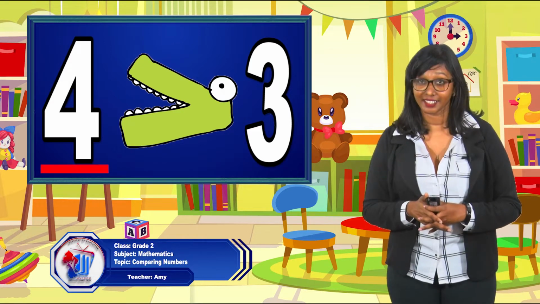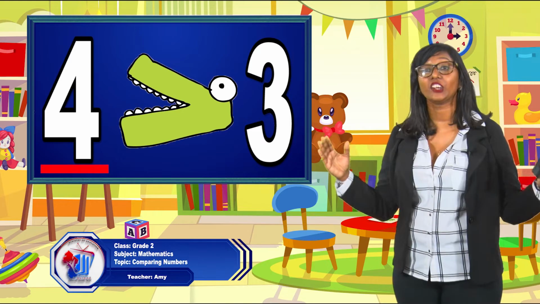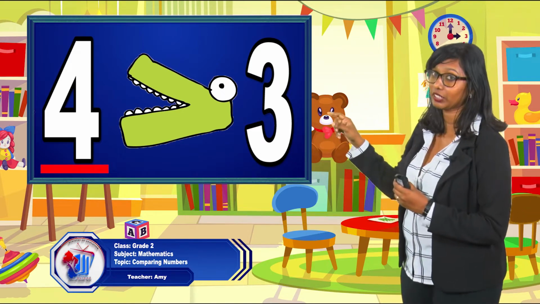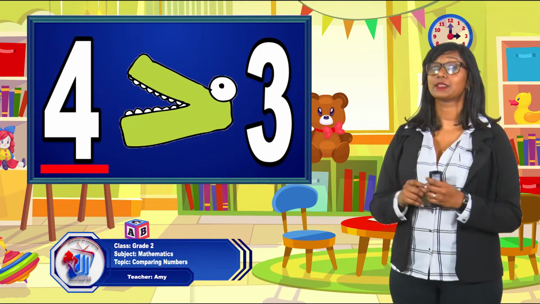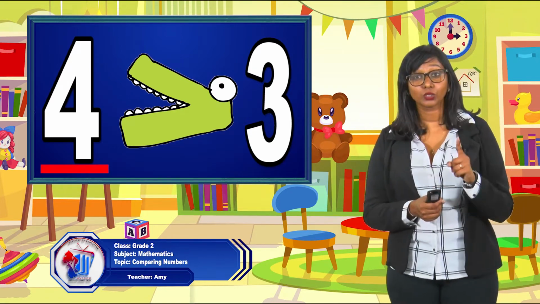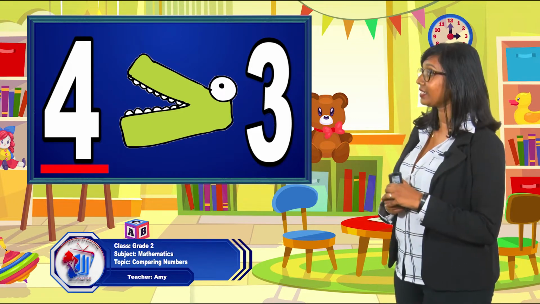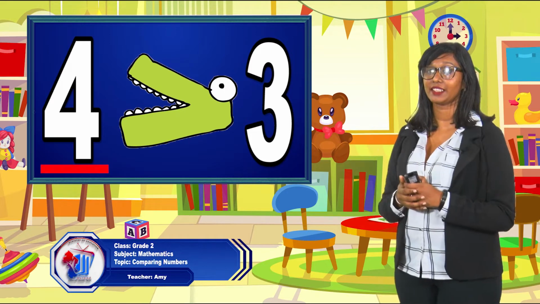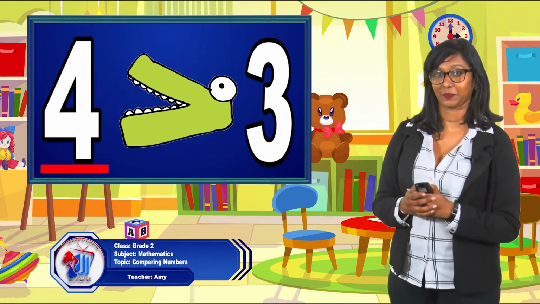So to read this, we say 4 is bigger than 3. Or we can say 4 is more than 3. And there's also one more way that we can say this. We can say 4 is greater than 3.